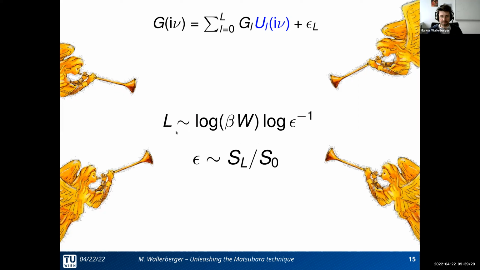That means the number of coefficients we need is logarithmic in the bandwidth in units of temperature and is also logarithmic in the error. That's the crucial statement we are making.